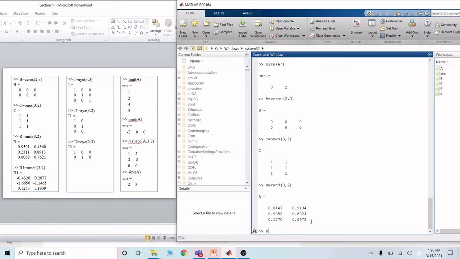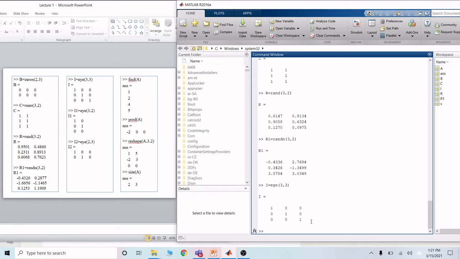Okay, R1 is equal to, you can change the name R and R1 accordingly. randn 3 cross 2, standard normal distribution. Okay, capital I is equal to eye, the identity matrix 3 cross 3.